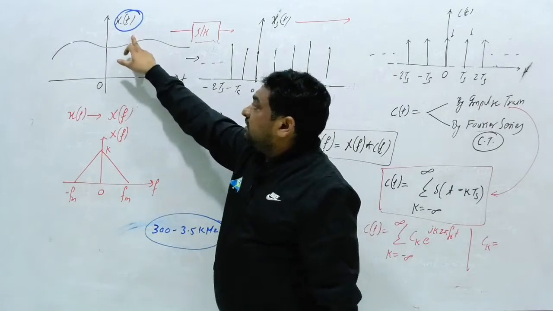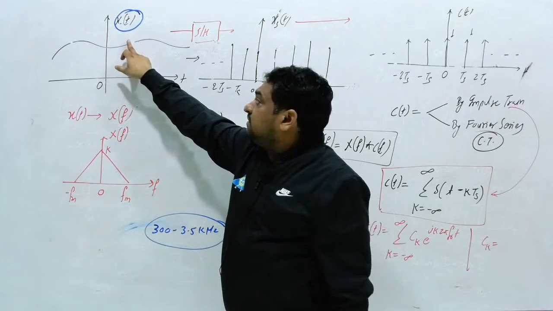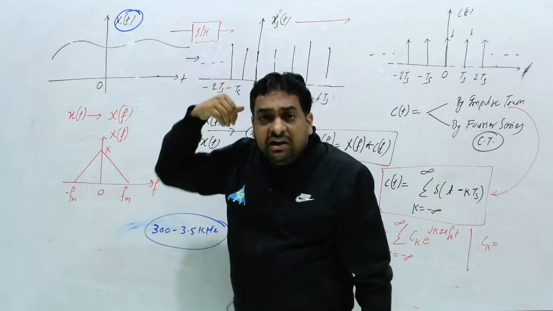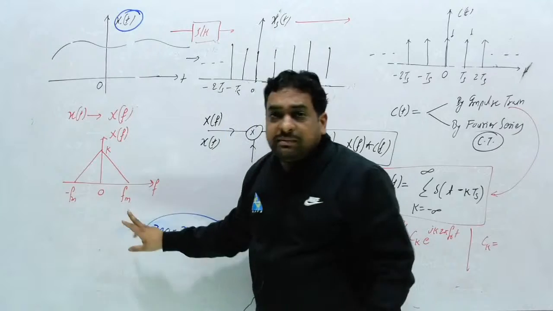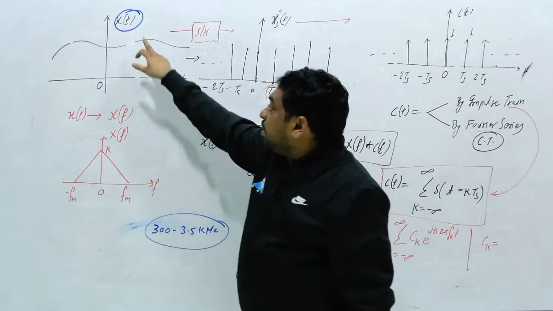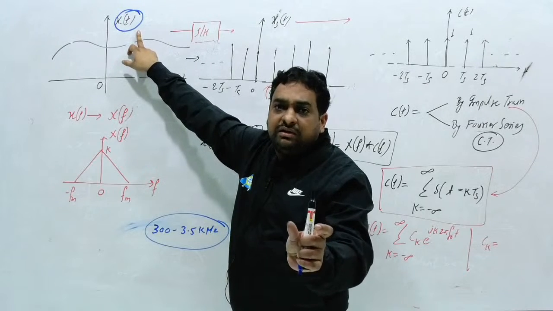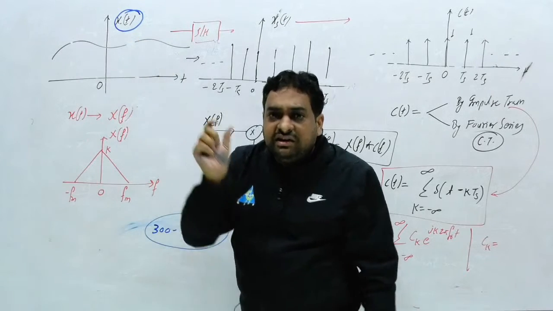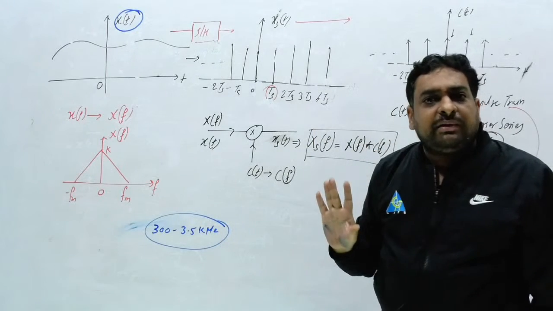So this signal is not a single frequency component. This signal contains many frequencies between 0 and fm hertz. Clear this thing? This is not a signal containing a single frequency component. If you consider a single sinusoid or single cosinusoid, that is only a single frequency component.